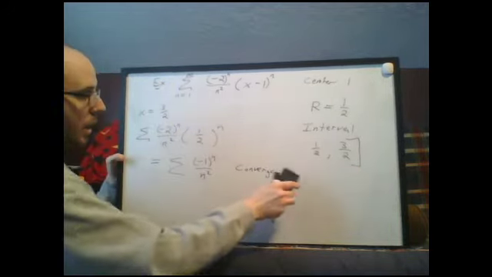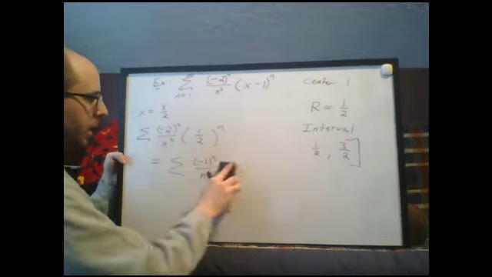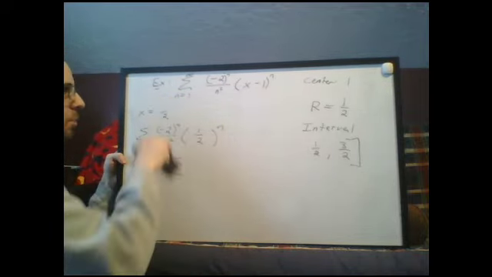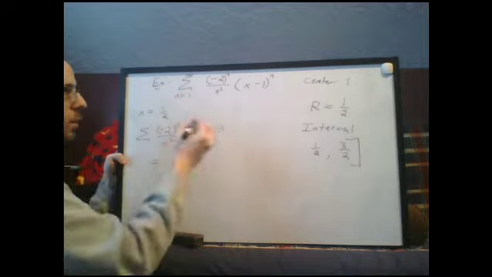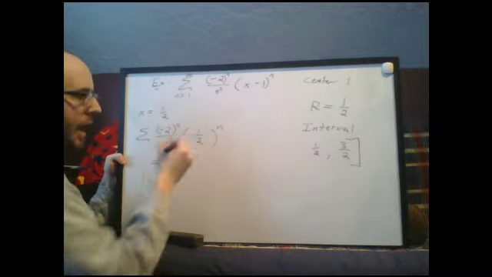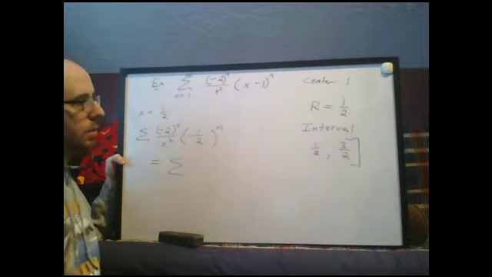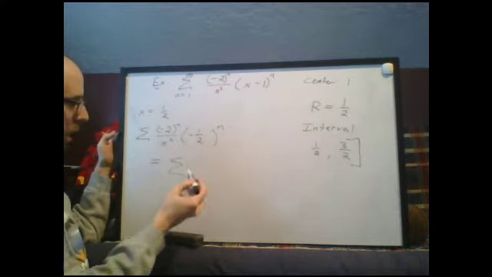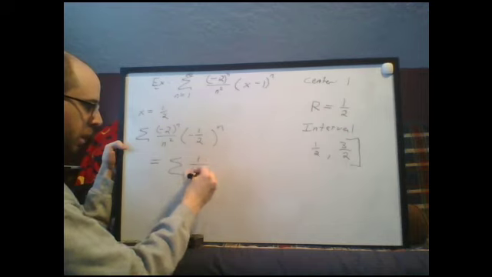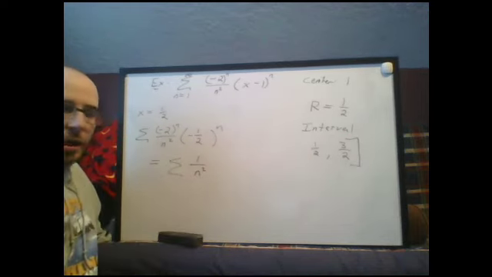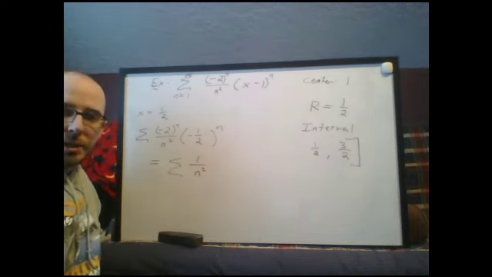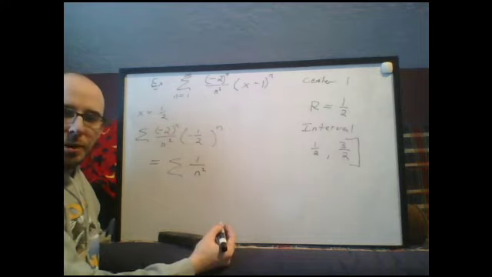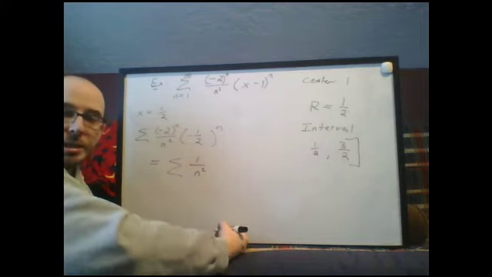Right? And then doing the same thing, if I plug in x equals 1/2, 1/2 minus 1 is negative 1/2. So now the 2's cancel, but so do the minus signs. Now I just get 1 over n squared. That's an ordinary p series with p equals 2. For that, p just has to be bigger than 1.